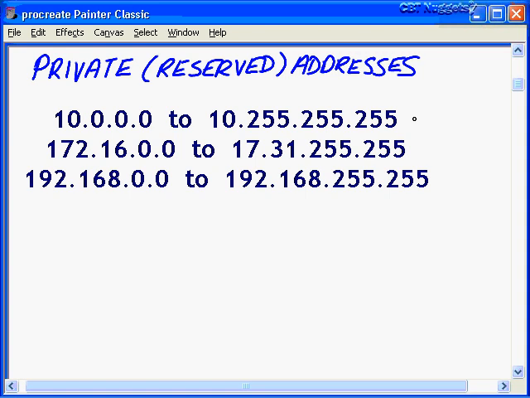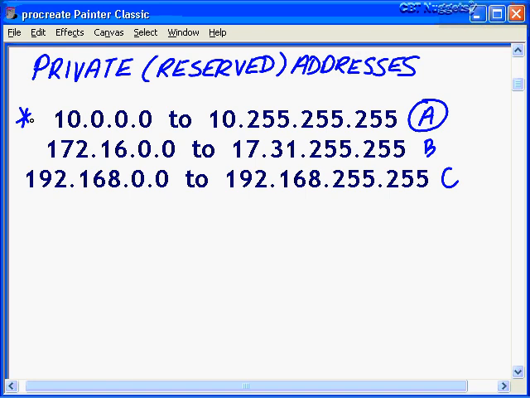So some addresses have been set aside, private addresses, reserved addresses, from each one of the ranges, Class A, Class B, and Class C. So you also want to memorize the fact that from 10.0.0.0 all the way to 10.255.255.255 in the Class A range, these are private reserved addresses.